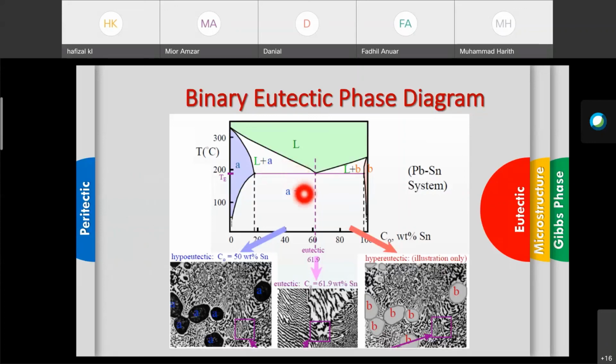Satu region sebelum line ni. Lepas tu kita ada line. And then kita ada satu lagi region sini, ada 3 region. Satu hypo-eutectic ni, eutectic dengan hyper-eutectic. Kalau hypo-eutectic, kita ada bulat-bulat sama juga macam hyper-eutectic, tapi yang ini consist of alpha.